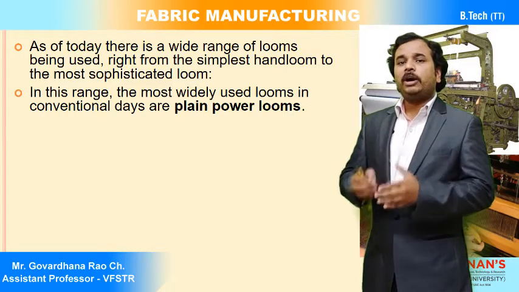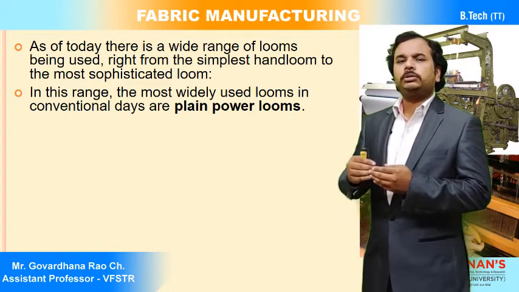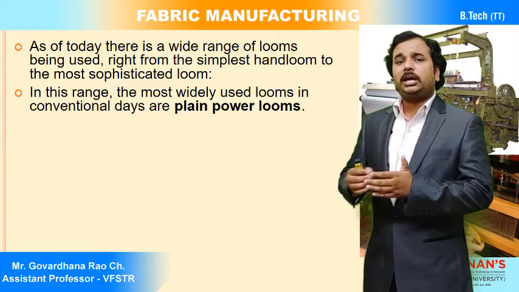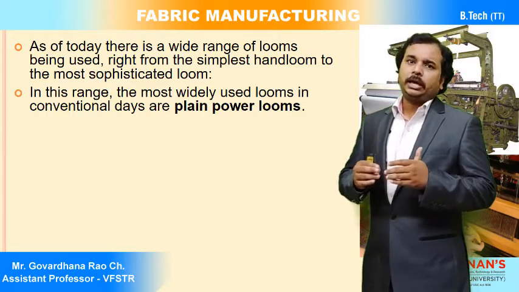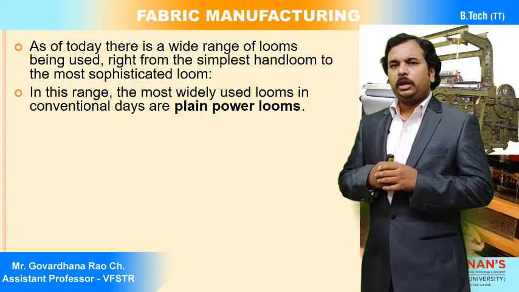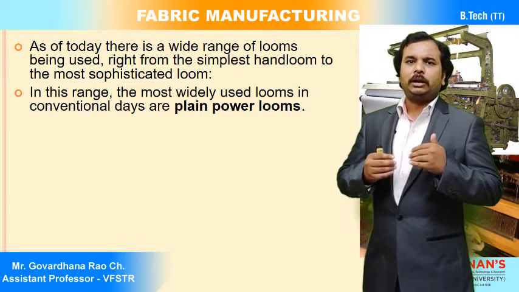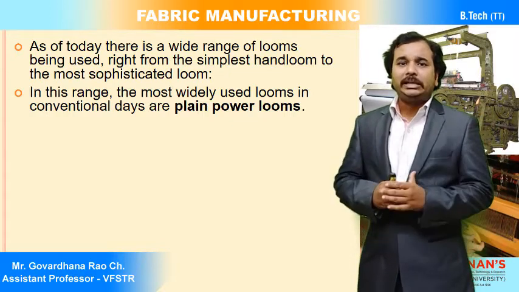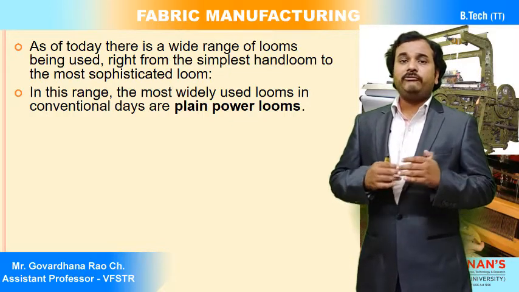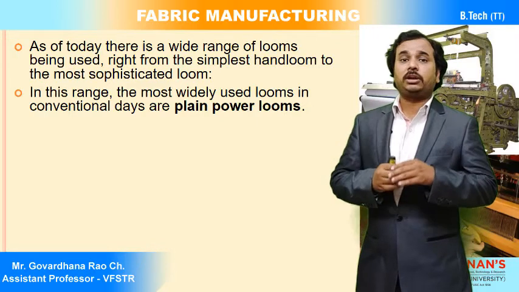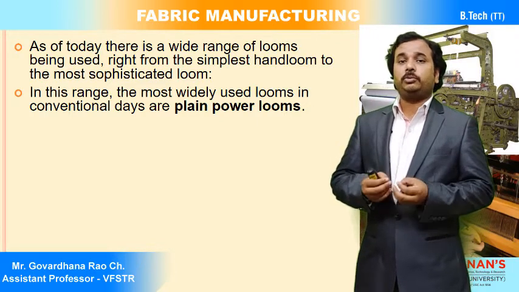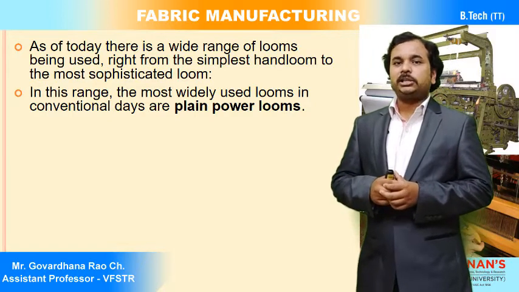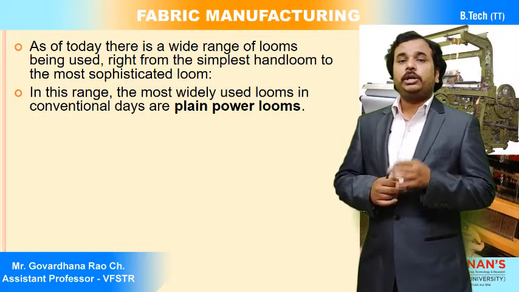After the power looms, again there are drawbacks and limitations in the production ranges and the quality ranges, particularly the weave and the structure of the fabric. If you want to produce small motifs or complicated designs in the fabric structure itself, it is somewhat difficult.